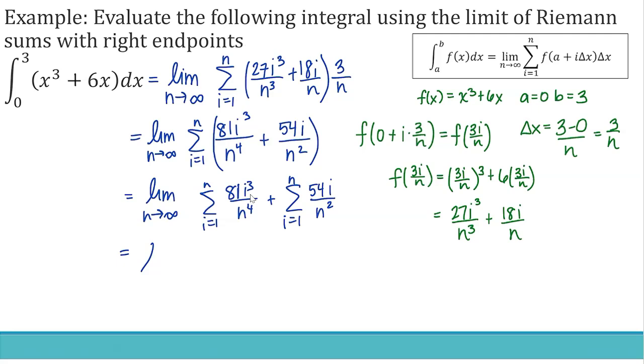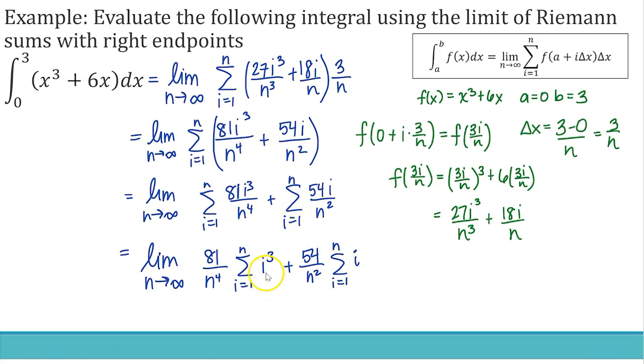So this is going to be the limit as n approaches infinity of 81 over n to the 4th, the sum of i equals 1 to n of i cubed, plus, same thing here, I can take out 54 over n squared to be left with the sum of i equals 1 to n of just i. Whew, okay. So now, these summations have nice formulas that we need to recall from precalculus.